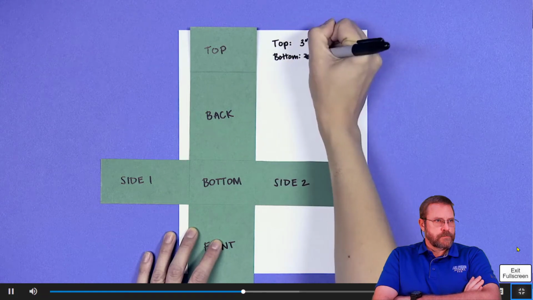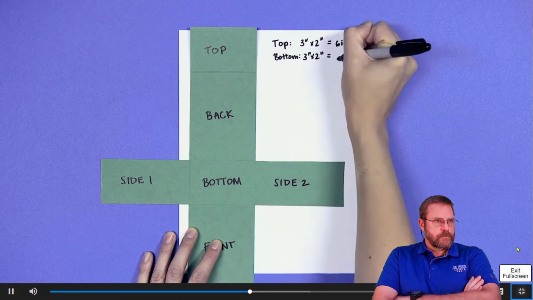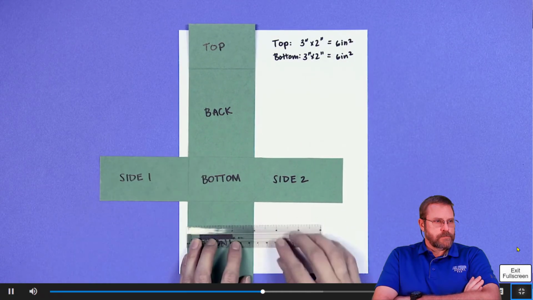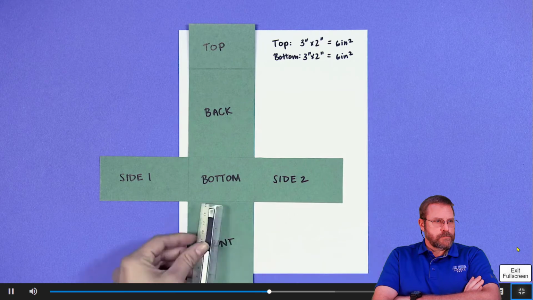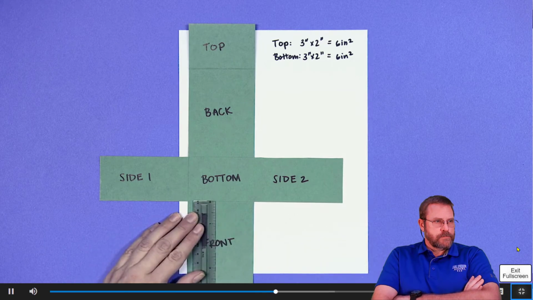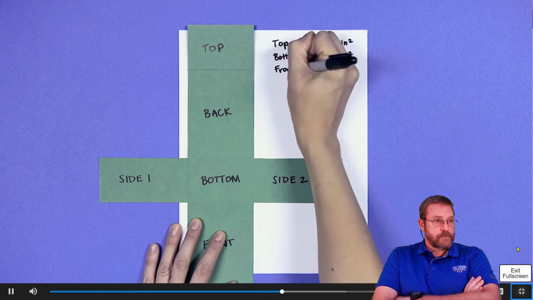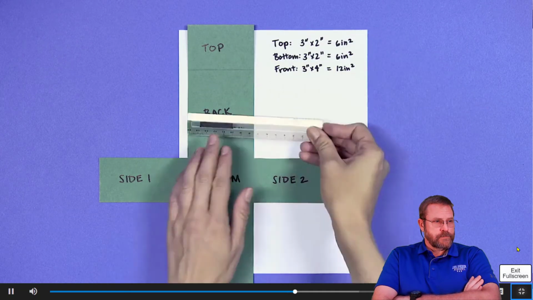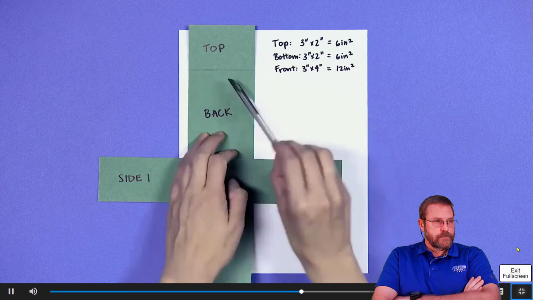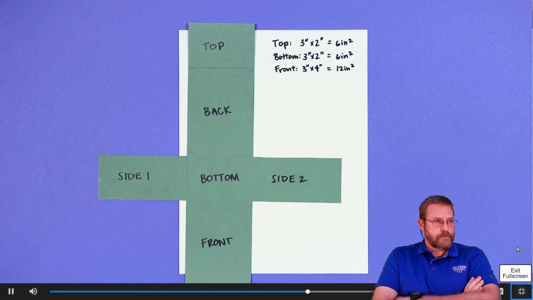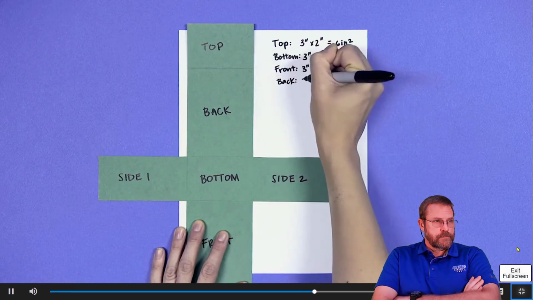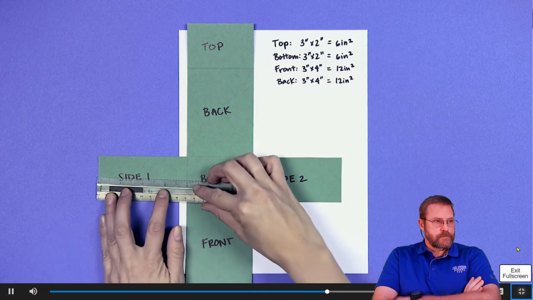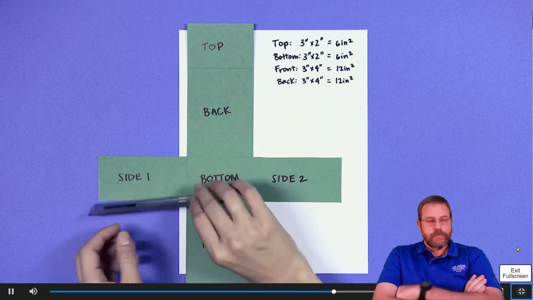Write down the dimensions. Now, measure the front face and write down the dimensions. 3 inches by 4 inches. The area is 12 square inches. The back face will have the same dimensions as the front. Measure side 1, 2 inches by 4 inches.